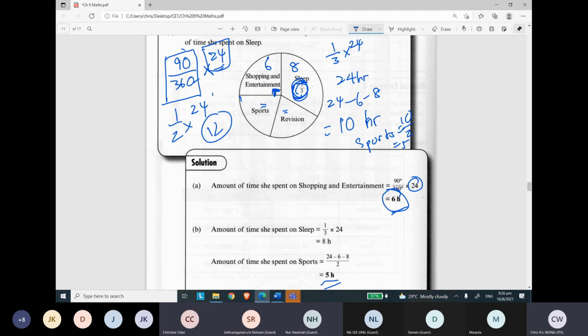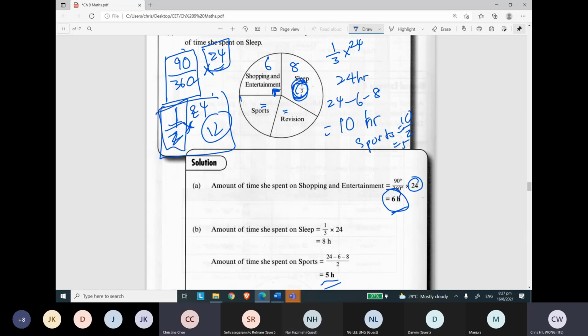So I have to calculate the total hours and the whole circle. Mr. Wong, at the 1/2 times 24, why is there a 12 there? Oh, this is just to tell you that if I have a half, I times 24, it gives you 12, half a day, isn't it?